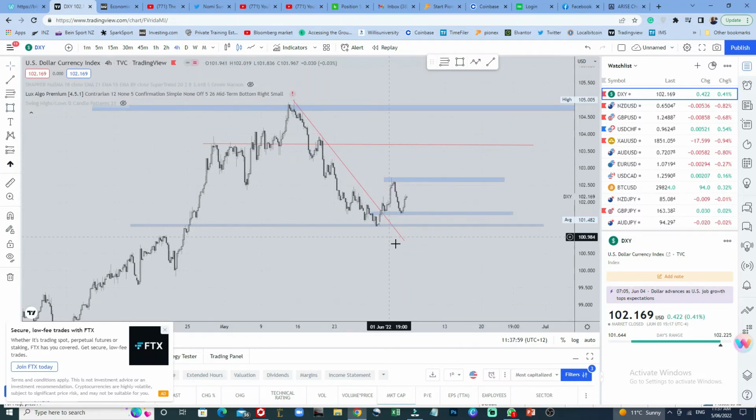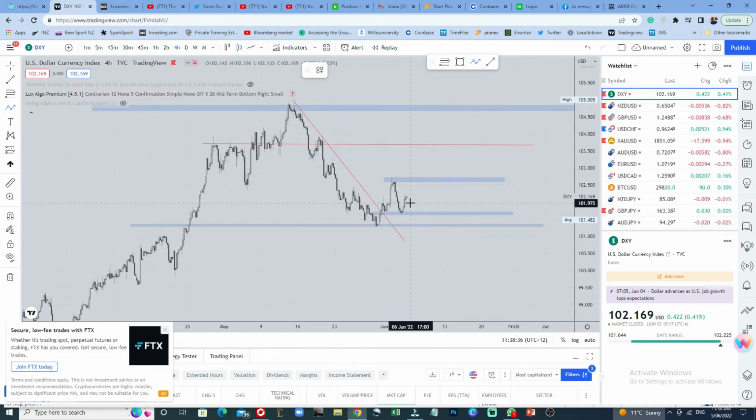Now, the overall trend is what? Bearish. It broke it, it retested it, it pushed to the upside, it came down.